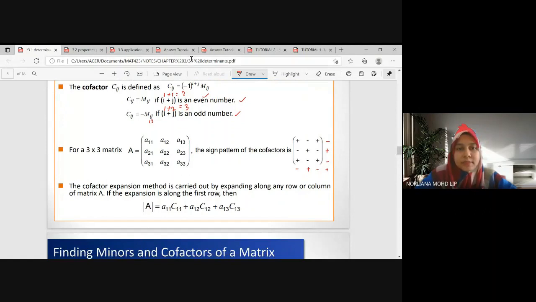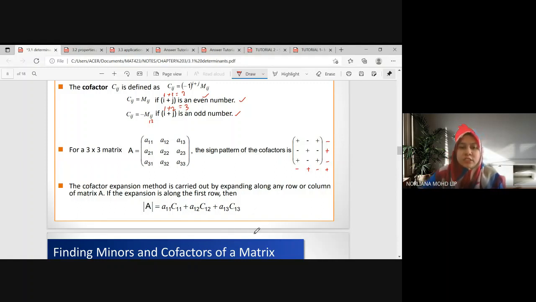Okay, the cofactor expansion method is carried out by expanding along any row or column of a matrix. If the expansion is along the first row, then we use this formula: determinant of A is equal to A11 times cofactor C11 plus A12 times cofactor C12 plus A13 times cofactor C13.